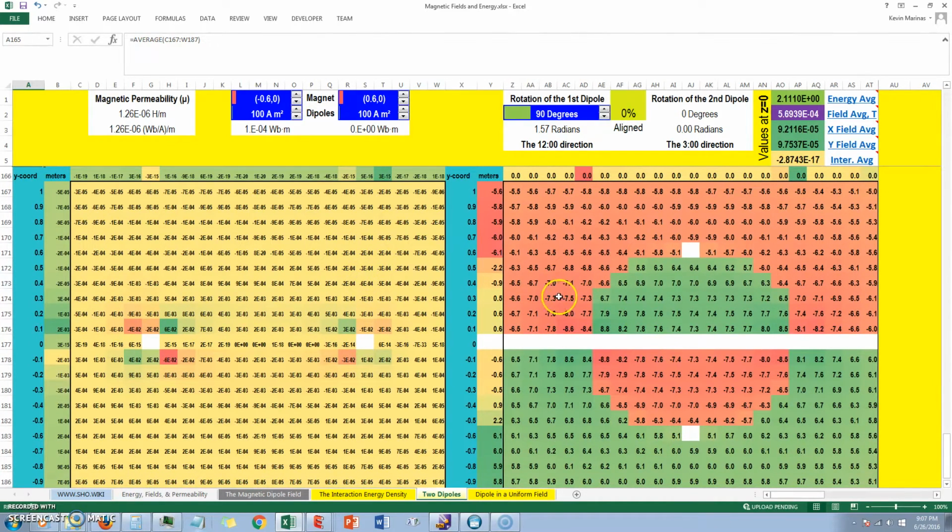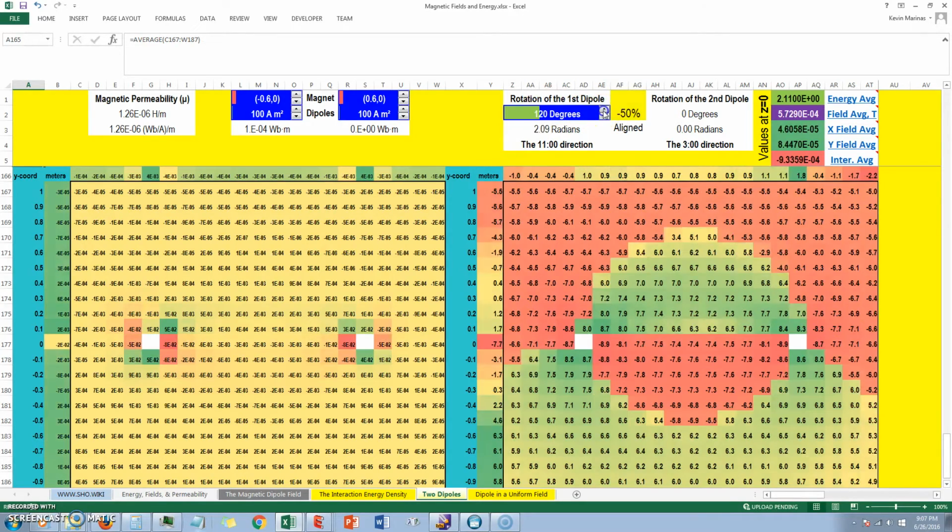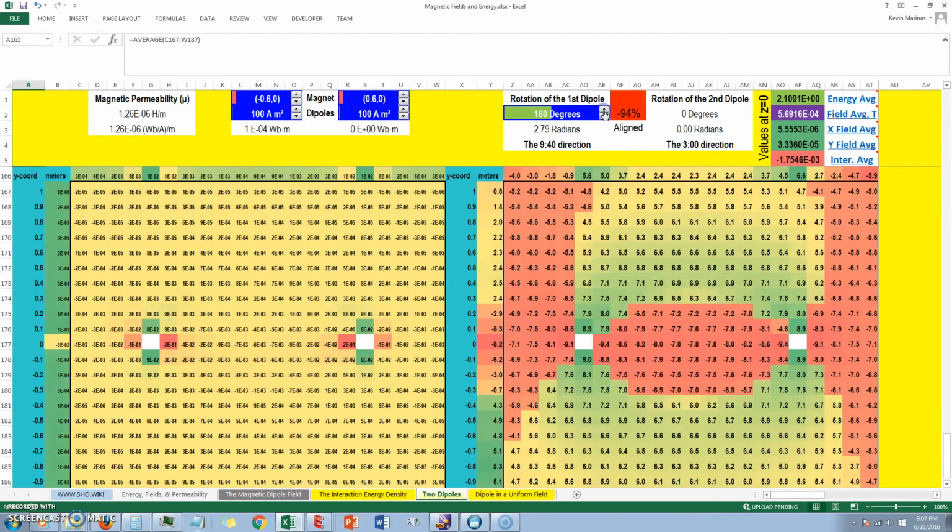Now we have a situation where, let's go ahead and change this a little bit. Now it's negative 100% aligned, which basically means that it's in opposition to the second dipole. So our interaction energy density is negative.